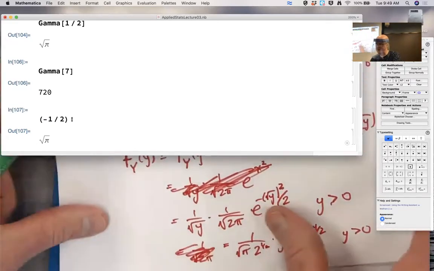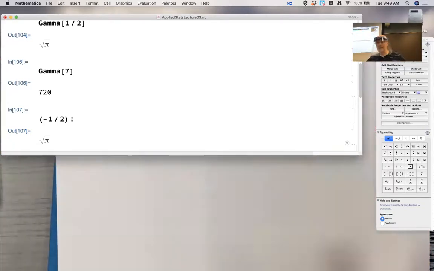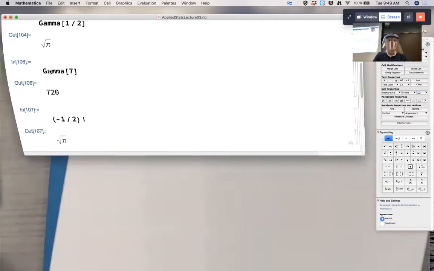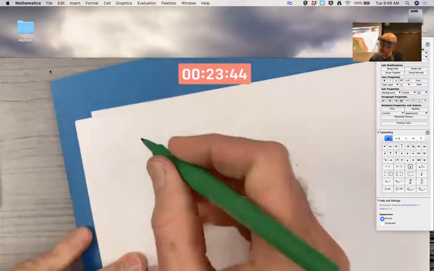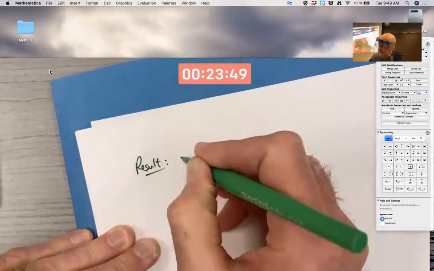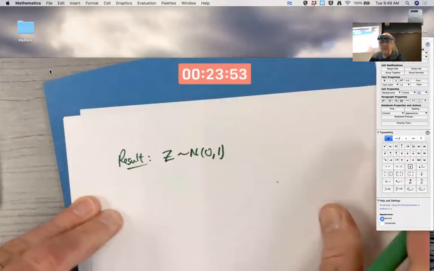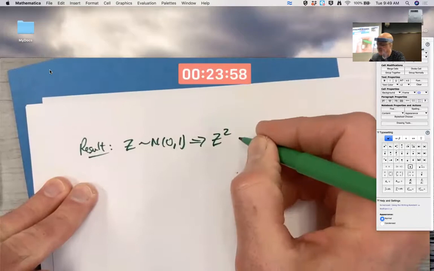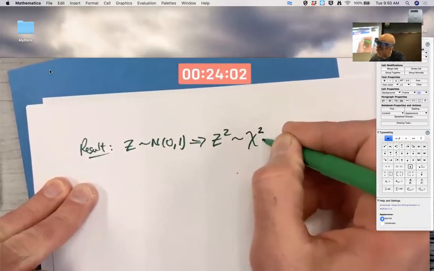So our result here, and Dr. Wetzel likes to call these things results rather than theorems, because we're not really being careful in how we state these things. Result, if z is standard normal, that implies z squared is chi-squared with 1 degree of freedom.